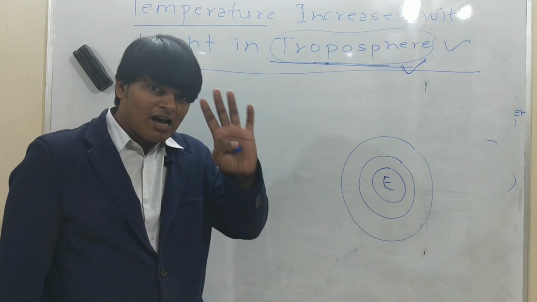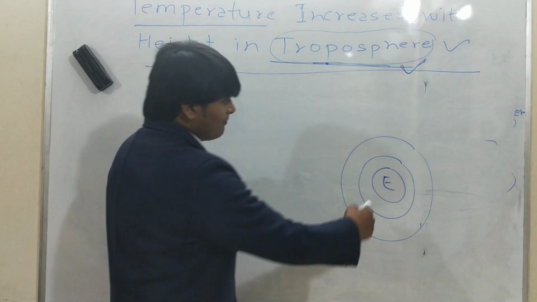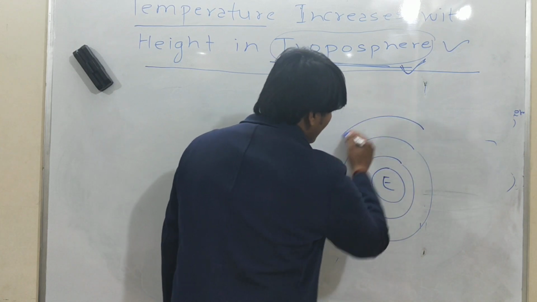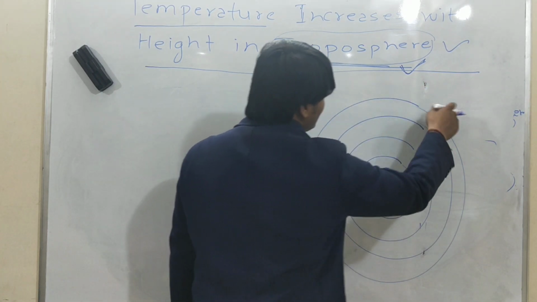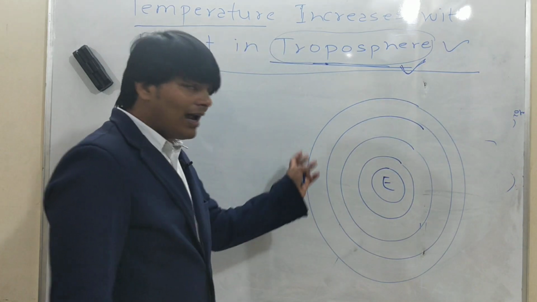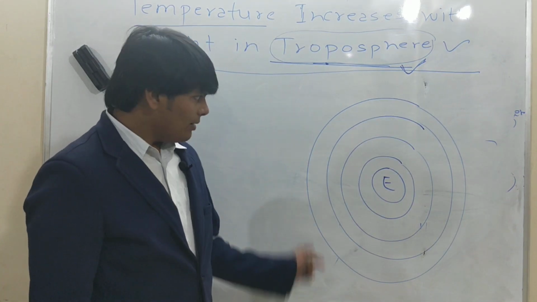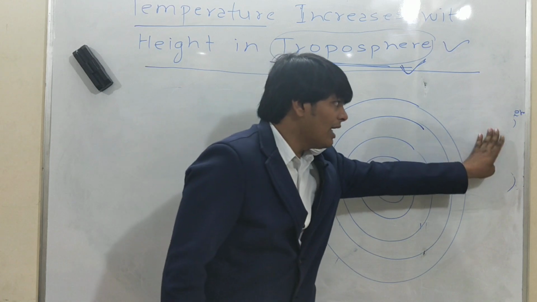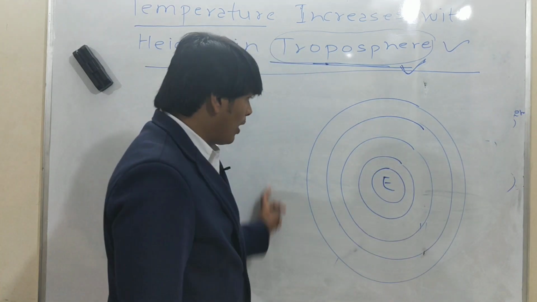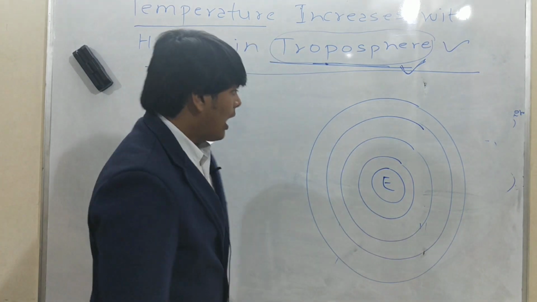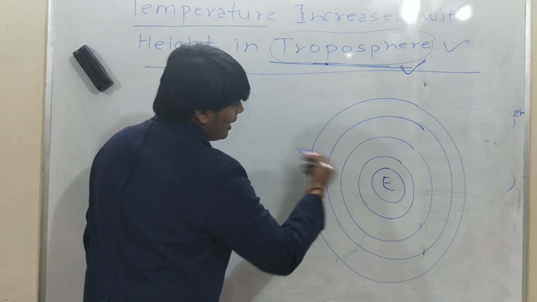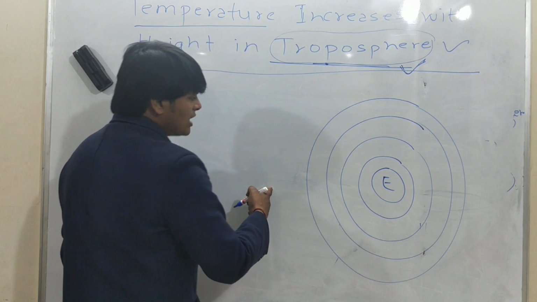There are 5 parts of the atmosphere. The first part, second part, third part, fourth part, and the last one is the fifth part. Why am I not drawing the boundary of the last part? Because it is boundaryless. The last part of the atmosphere, away from the Earth's surface, is boundaryless.